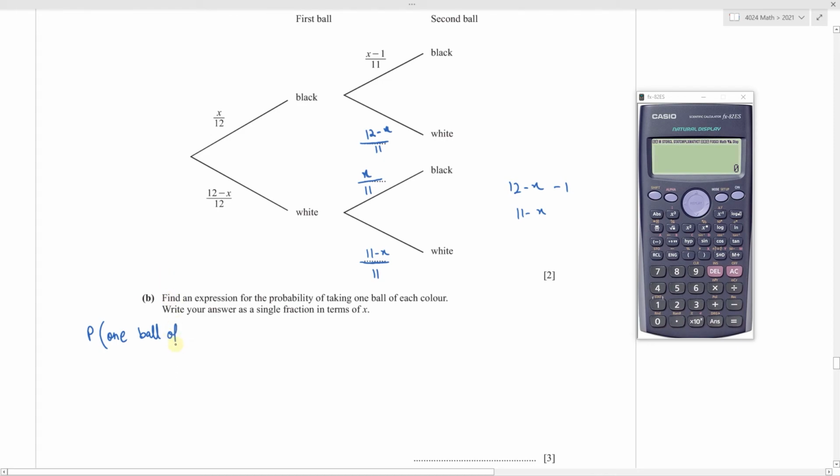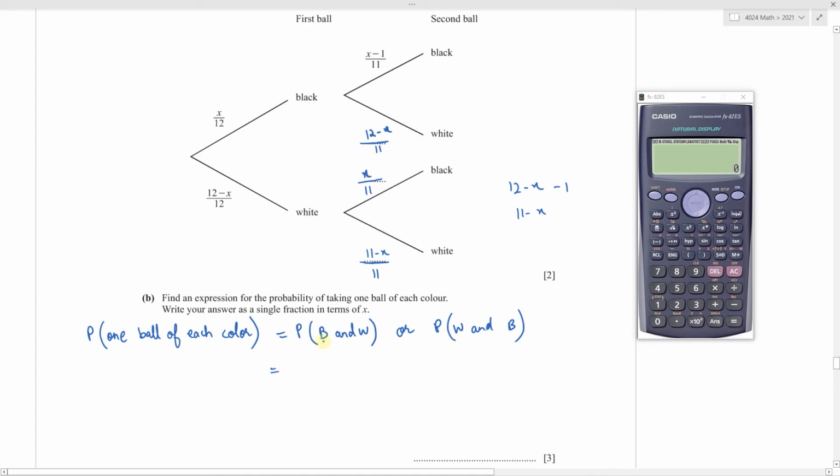That means the probability that the first one is black and the second one is white, or it could be the other way around: the probability that the first one is white and the second one is black. You will add the probabilities of these two cases to get the probability that you get one ball of each color. The order is not specified, so you could have first black, second white, or first white and second black.